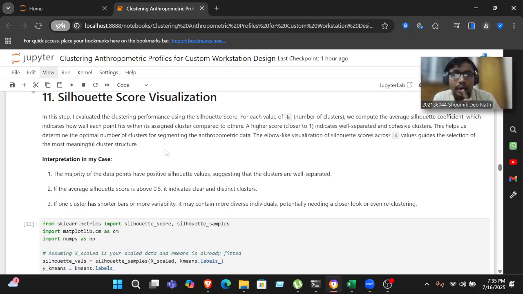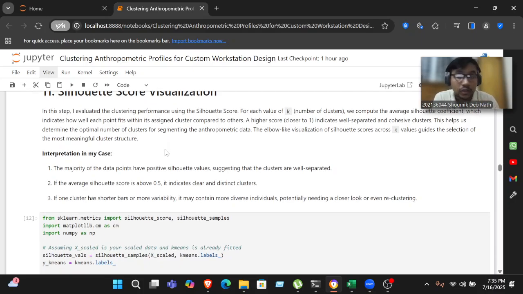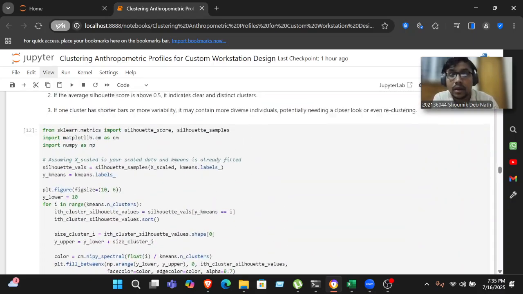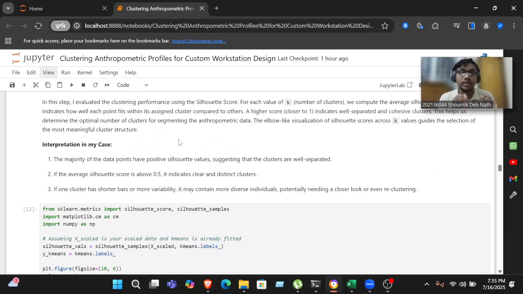In my interpretation, what I have realized from my graph and analysis is that the majority of the data points have positive Silhouette values, suggesting that the clusters are well separated in my data set that I have shown you previously. Second, the average Silhouette score is around 0.5.